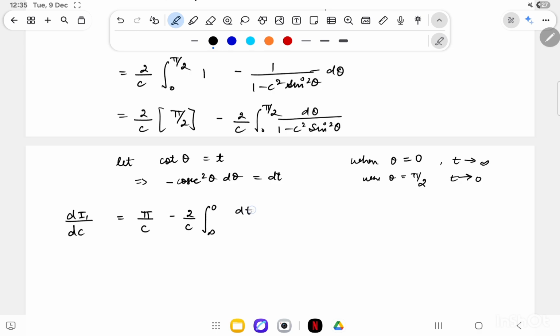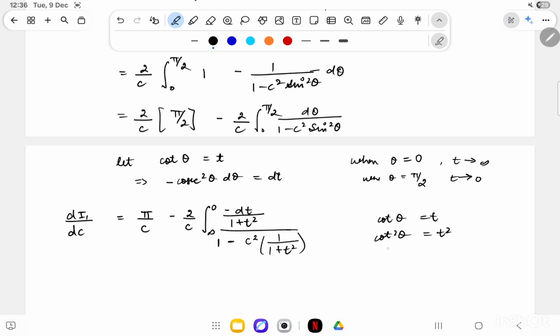dθ will be dt divided by 1 plus t square, times 1 divided by 1 plus t square, because since cot θ equals t, cot square θ equals t square.